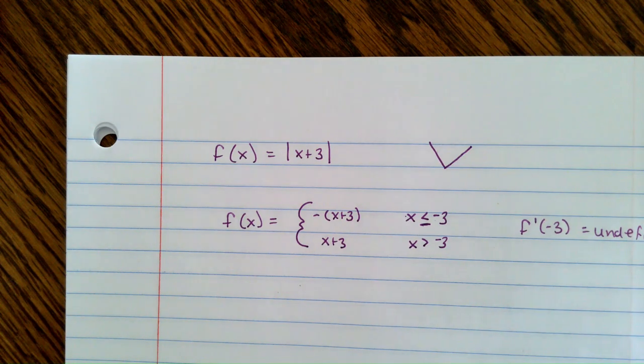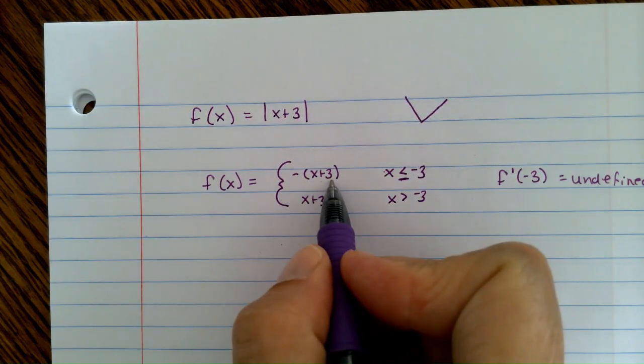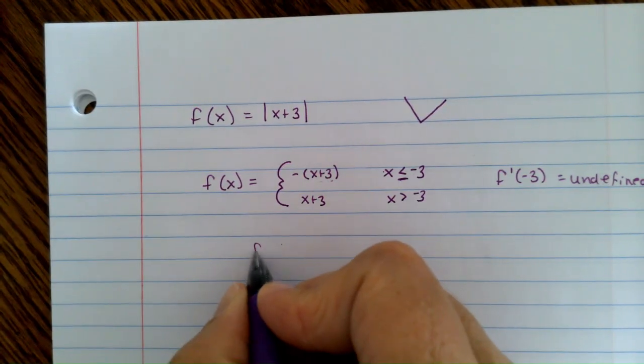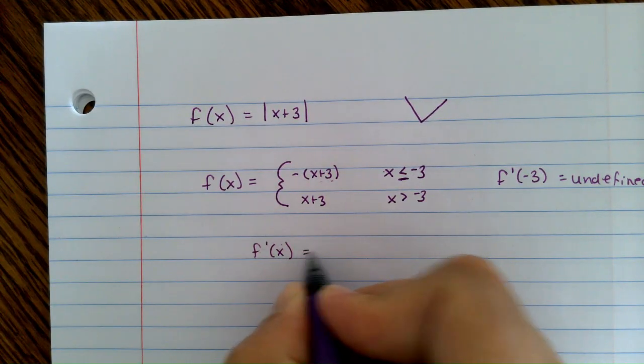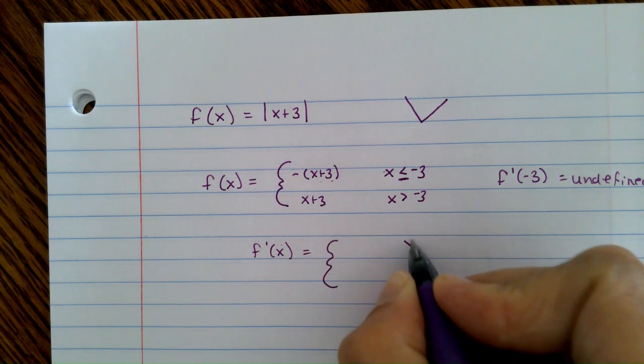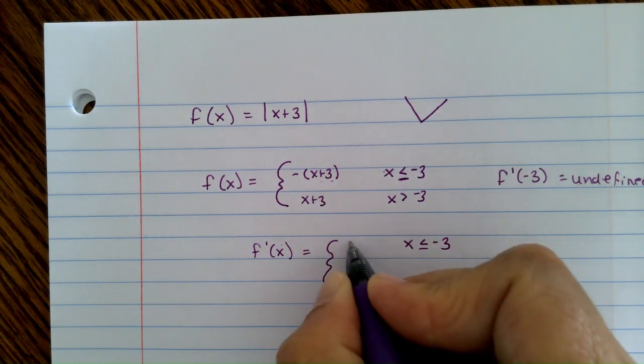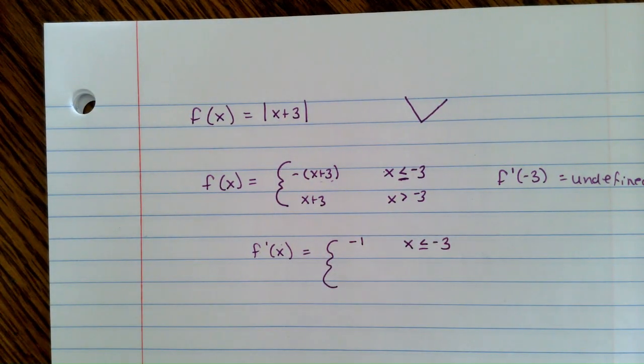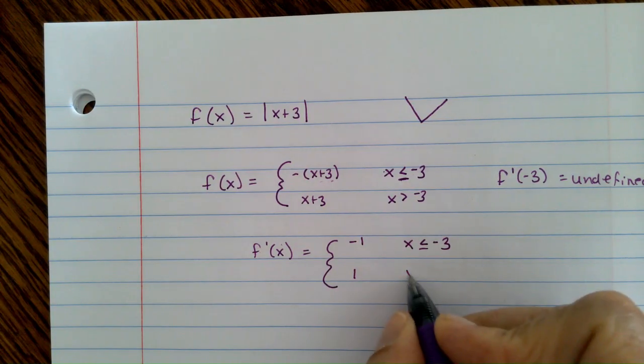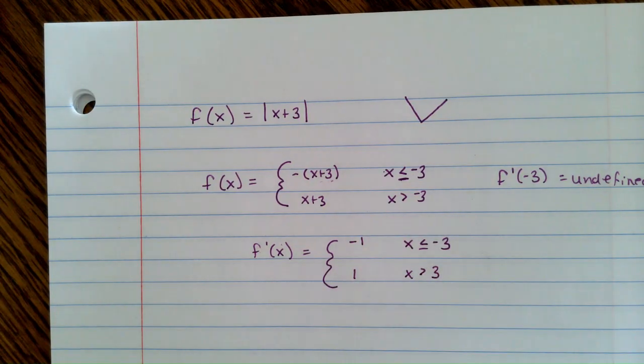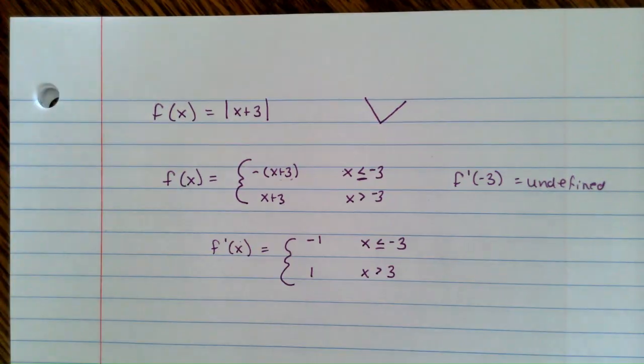Why is that? Well, when we derive the top, the derivative of x is going to have two different derivatives. One for when x is less than -3, and that's going to be a slope of -1, or a derivative of -1. This will be a derivative of +1. At -3, it's undefined. We don't know whether we're going downhill or uphill.